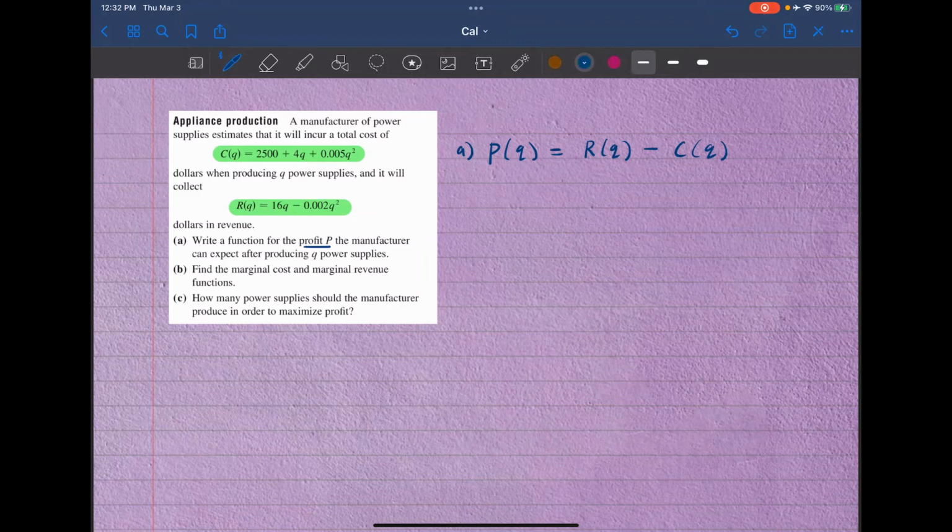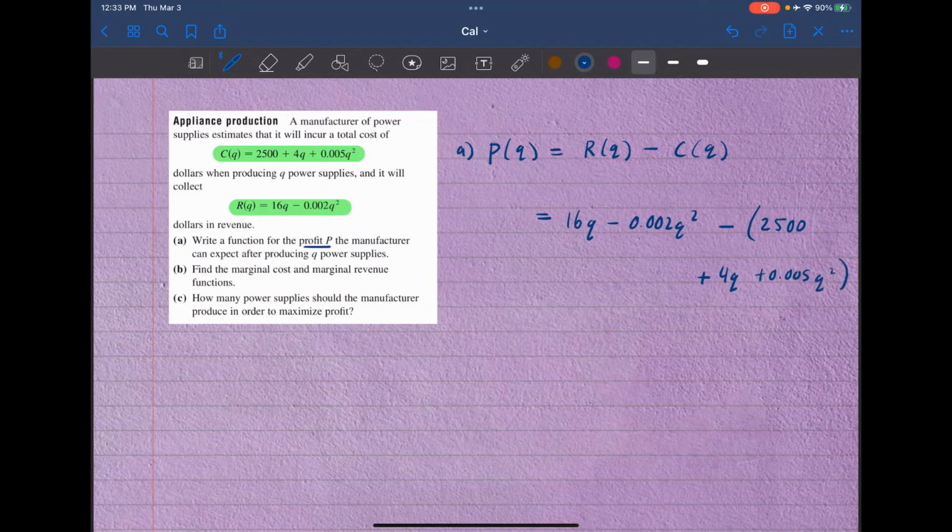So this is equal to revenue, that is going to be 16Q minus 0.002 Q squared, and we're subtracting away the cost function. So put parentheses around so you can distribute the negative out. That's 2500 plus 4Q plus 0.005 Q squared.